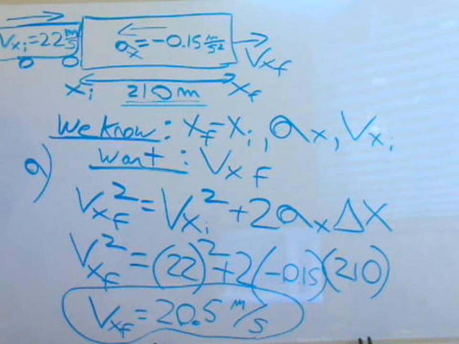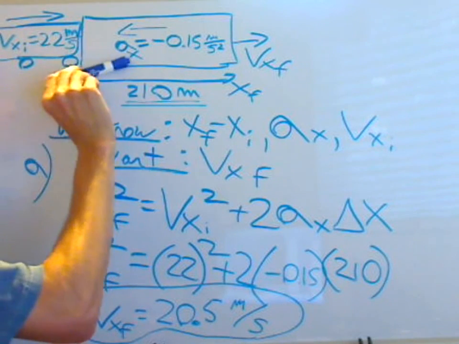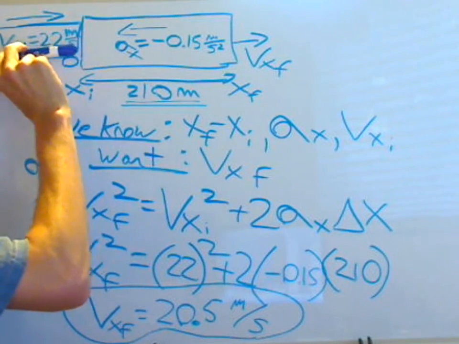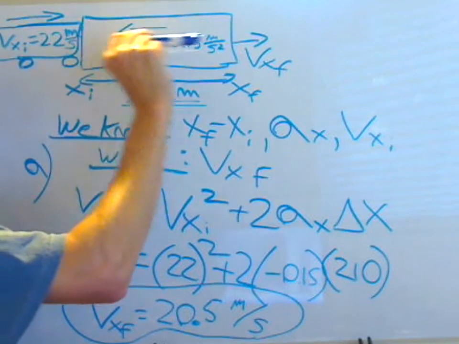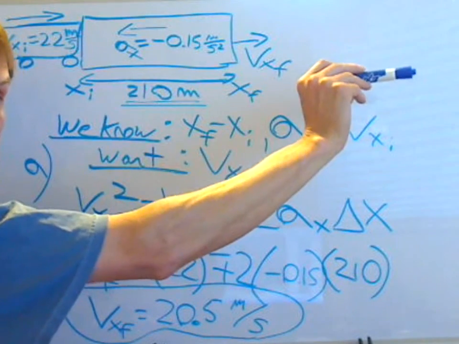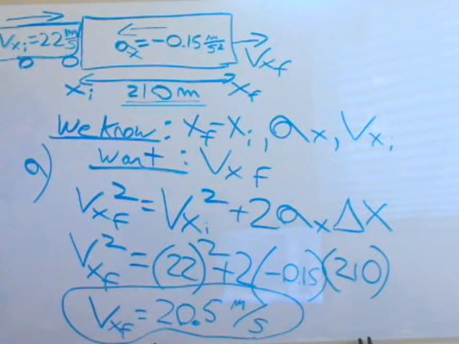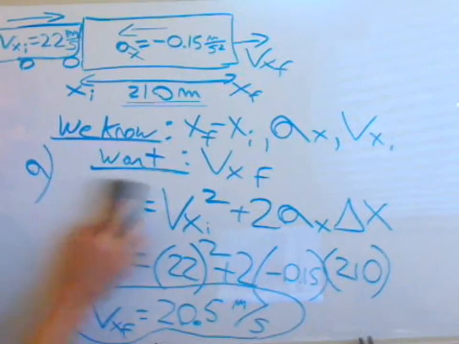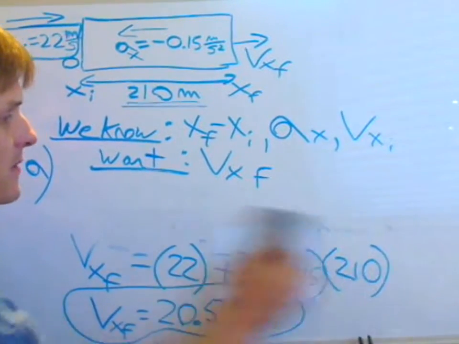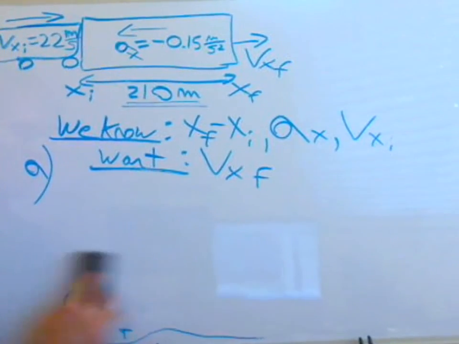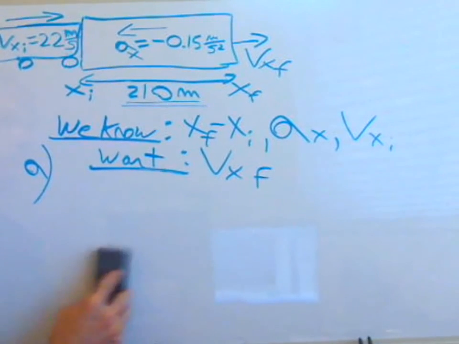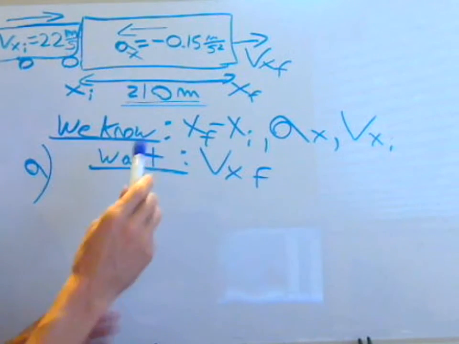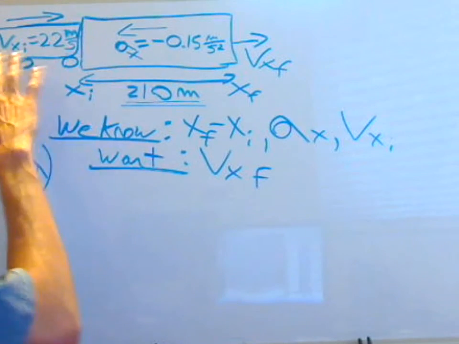Okay, in part B, we want to know what the full stopping distance of the train is, if it continues with this deceleration for the entire time. Okay? So let's go ahead and draw that. Let's erase some of this here because we're going to get rid of that anyway. Okay? So let's draw that situation on here. So everything's still the same.